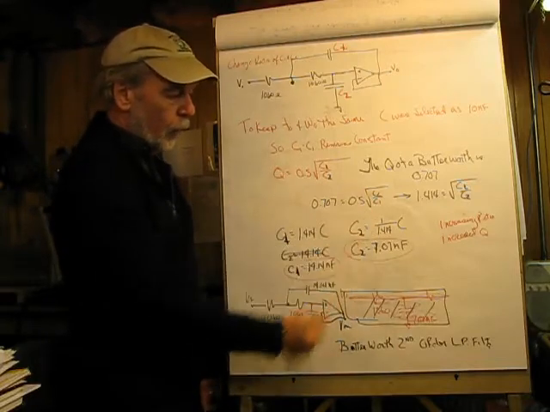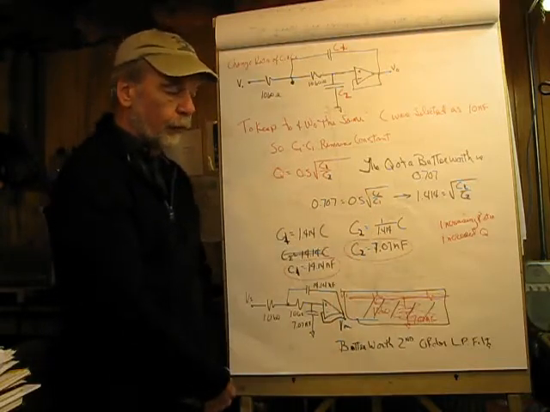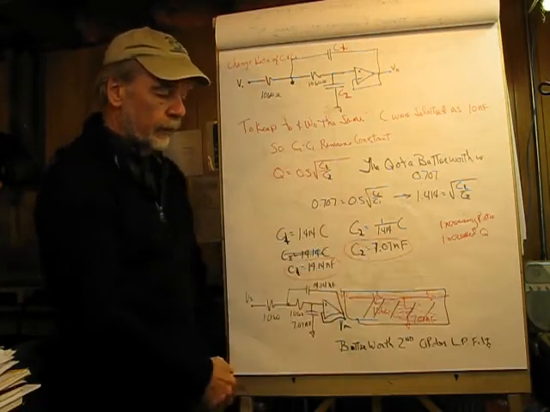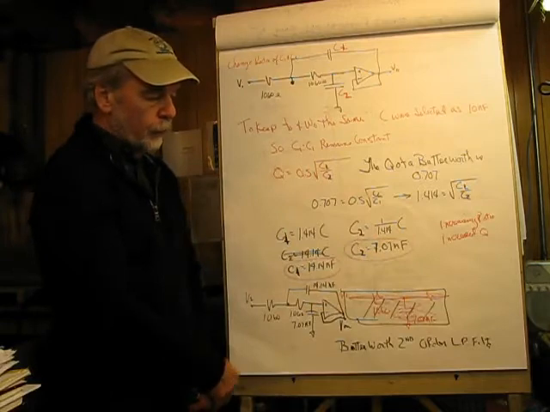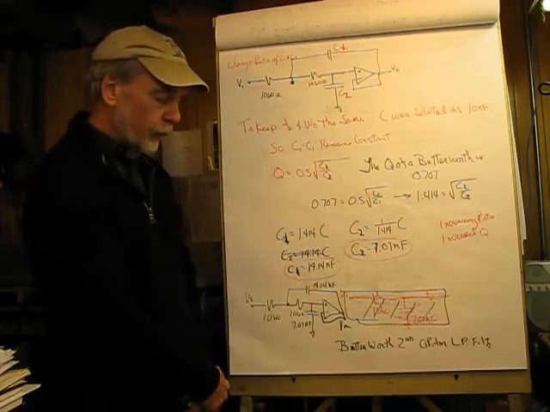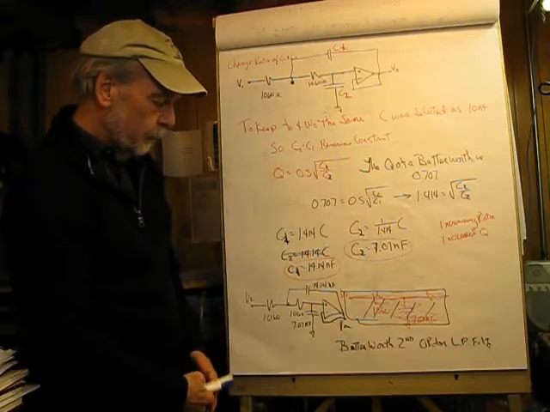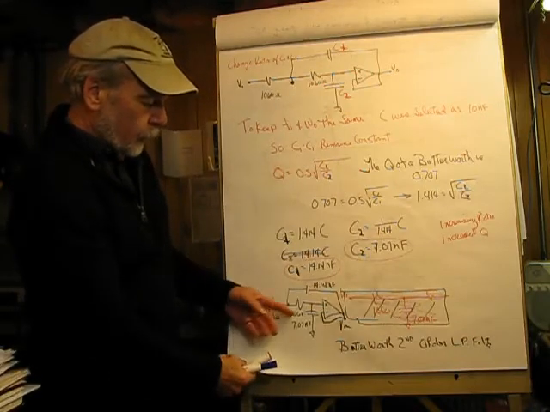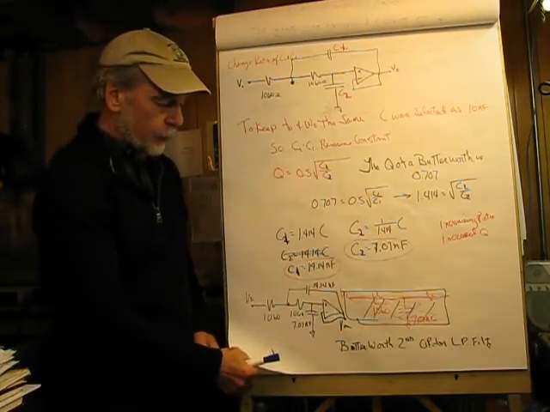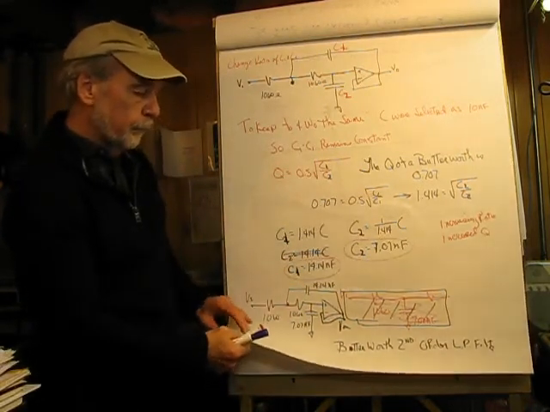I'm just using the raw term 1.414 and its reciprocal 0.707 to get this guy. But do note, if you multiply C1 and C2 together, you're going to end up with 10 nanofarads, and that's important. So this is the overall diagram of the thing with our 7.07 nanofarads and our 14.14 nanofarads.